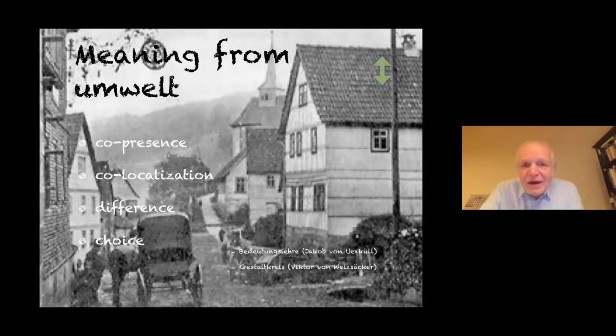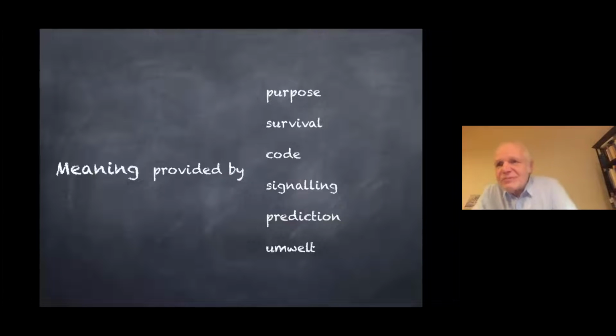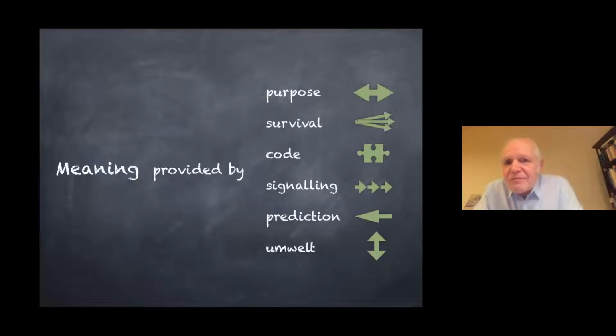Anyhow, assuming that meaning should be a relation, and presuming the minimal models of purpose, survival, code, signaling, prediction, and Umwelt, we can see that in almost all these relations, of purpose, of reproduction success, of code, of communication, of anticipation, the relata can be separated in time, one after the other.